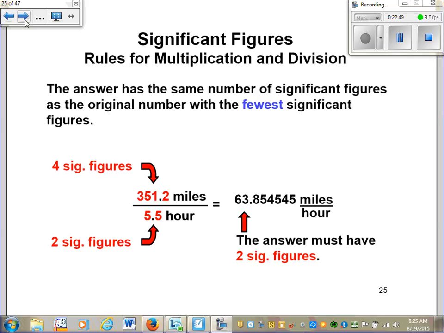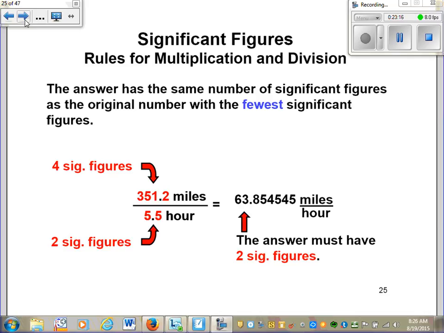So for example, the top number here has 4 significant figures, 351.2. 5.5 has 2 significant figures. So you get out your little calculator, and the calculator says 63.854545. Do not give that as an answer.